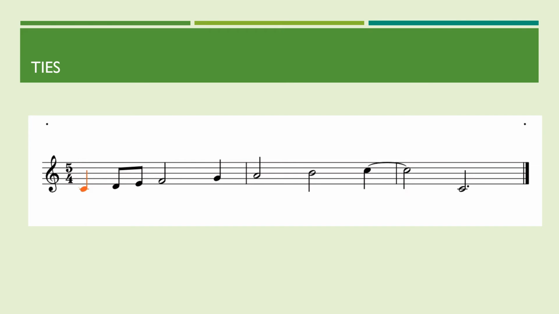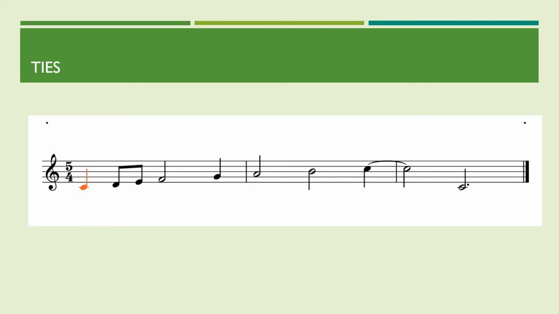It's time to practice what we've learned. Let's practice writing in the counts. Notice for this example, the time signature is 5/4. That means there will be 5 beats in each measure, and the quarter note still gets the beat. 5/4 is not a time signature that we see very often in Western music.